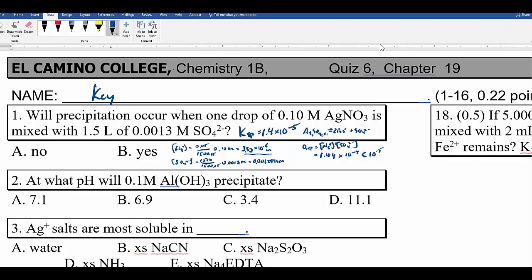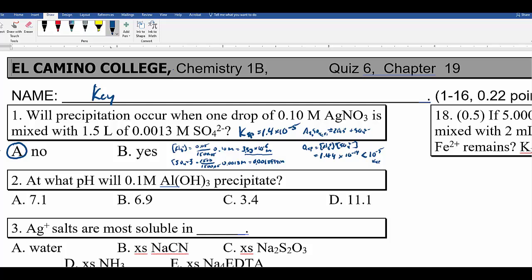And so QSP is much smaller, so no precipitation. What we need is a QSP greater than KSP, and we'll get precipitation. But it was significantly lower here.